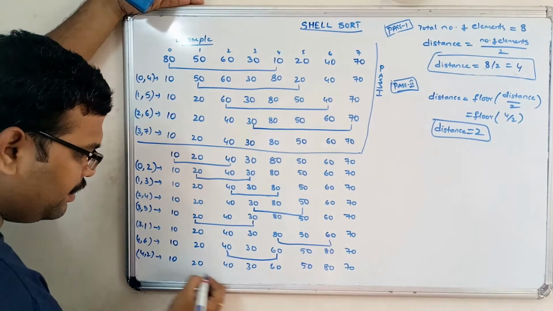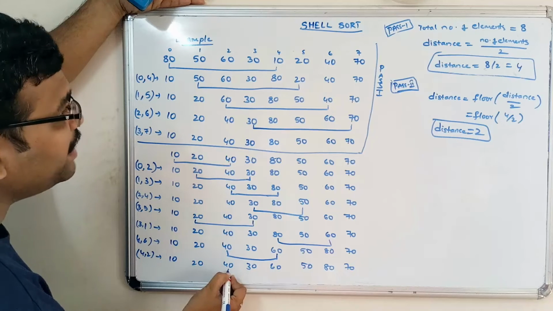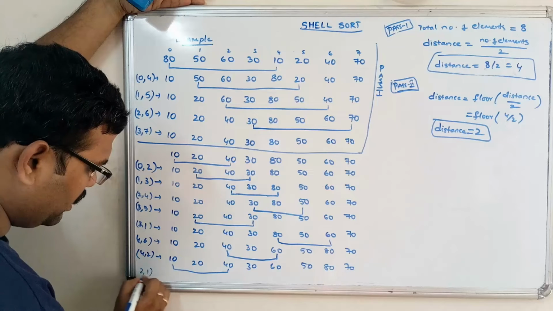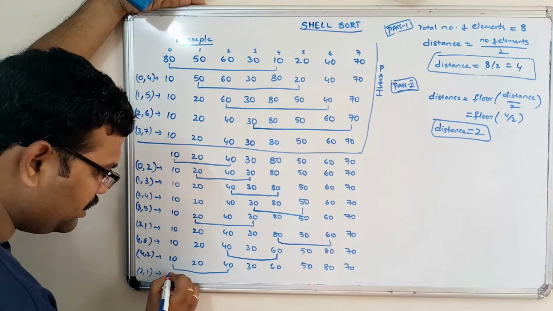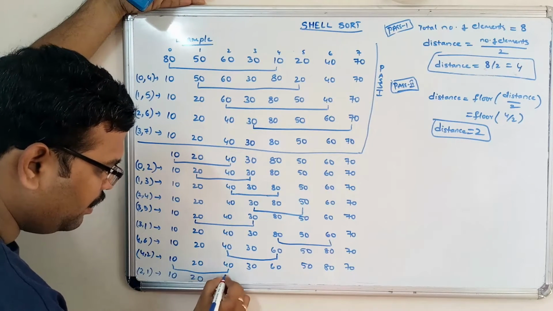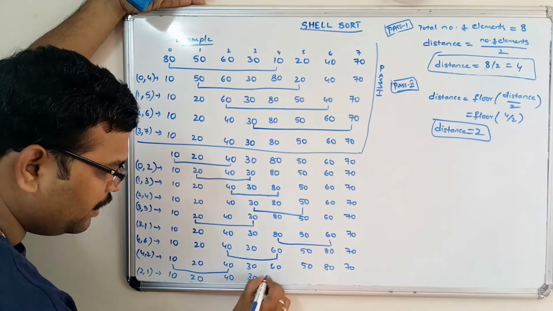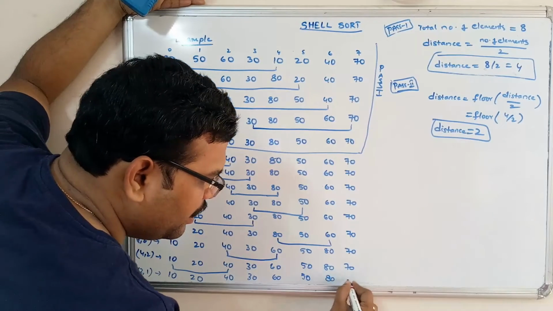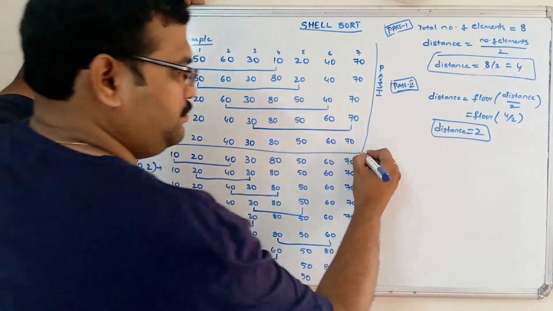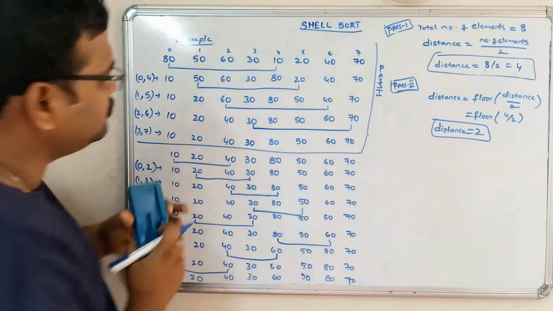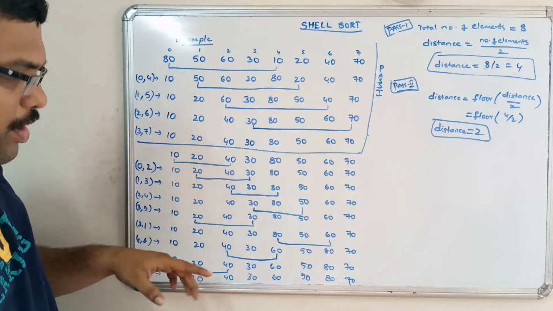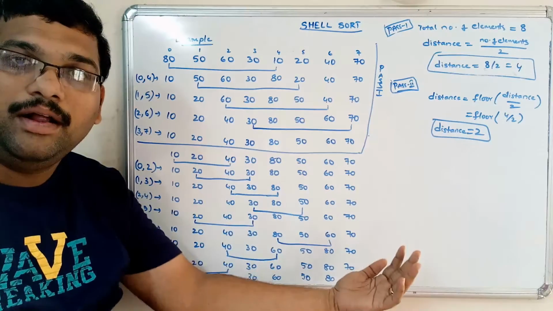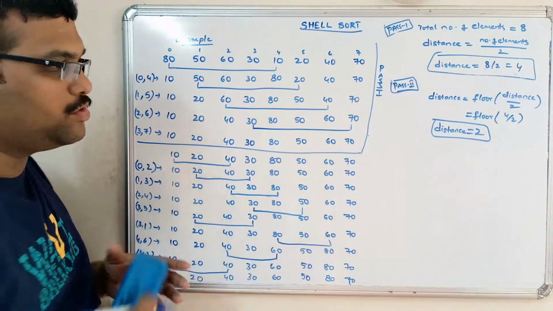And again the second element should be compared with the first one, so 2, 1. Again they are in sorted order. Hope you understood. We have to check for the backtracking also, so not only forward, we have to check backward also.